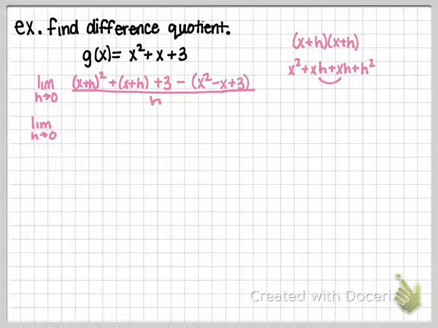So when I combine my like terms right there, I'm going to end up with x squared plus 2xh plus h squared when I multiply out that binomial.